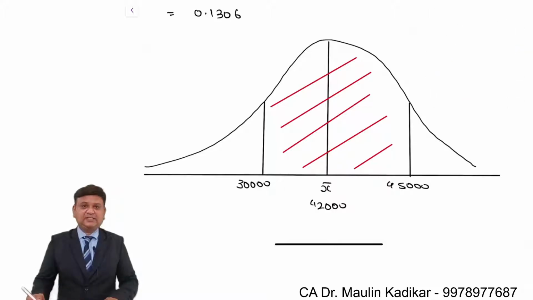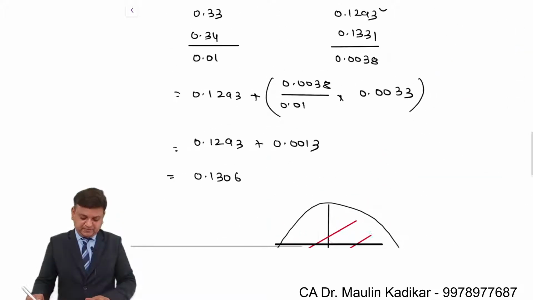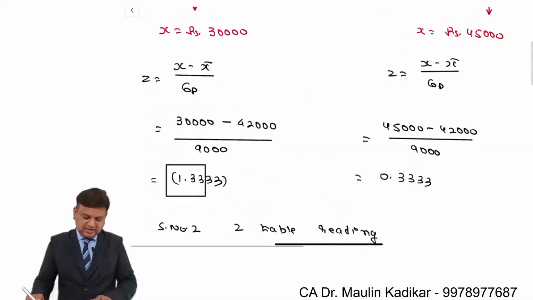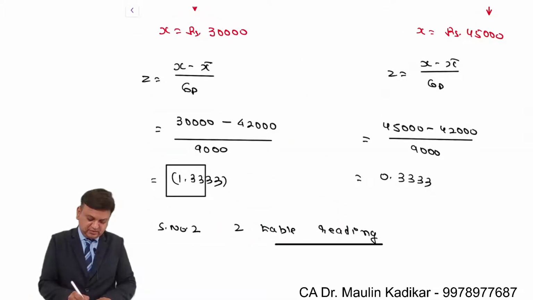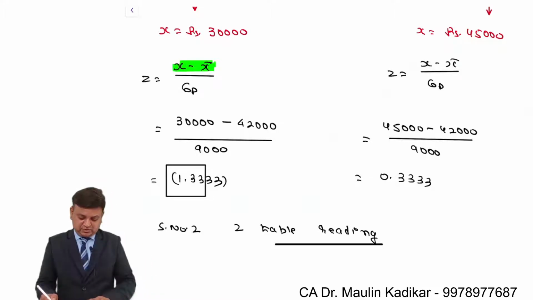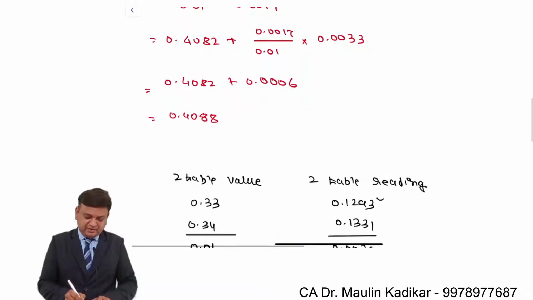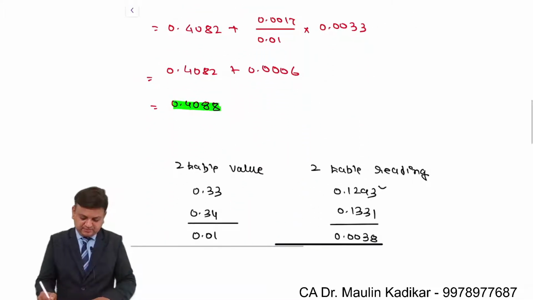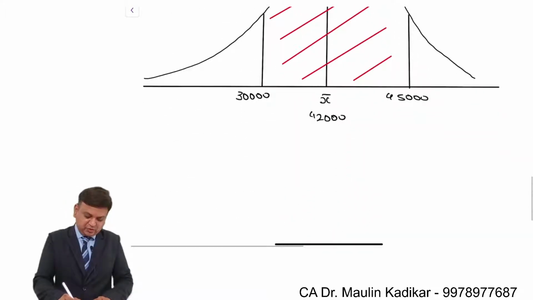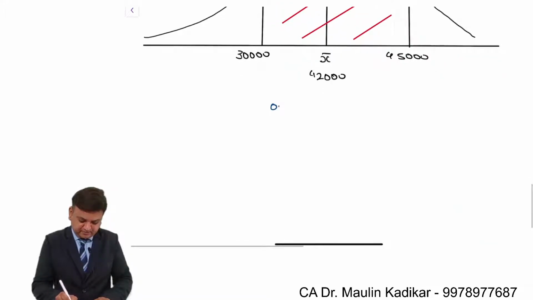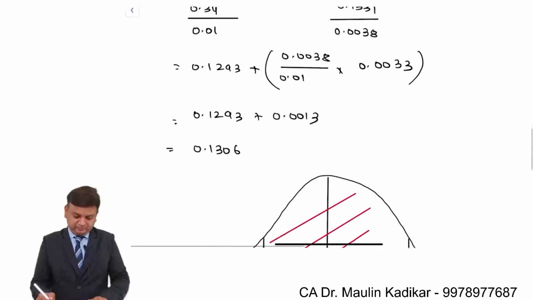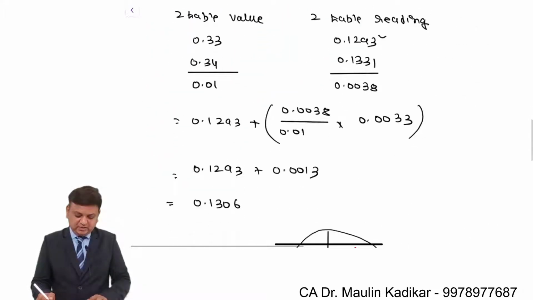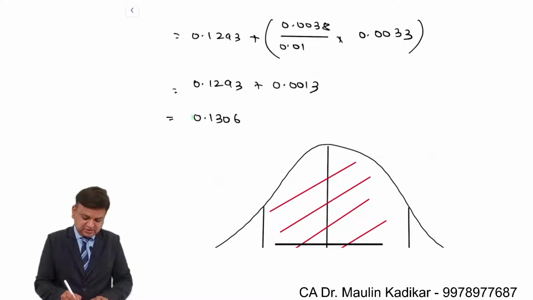Now you can very well understand that the formula which we have kept over here is x minus x bar. So what happens at the 30,000 to 45,000? For that the probability is 0.4088. So this area is 0.4088 technically. Again x minus x bar, and over here the probability is 0.1306.